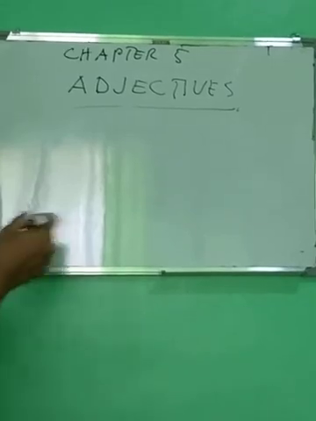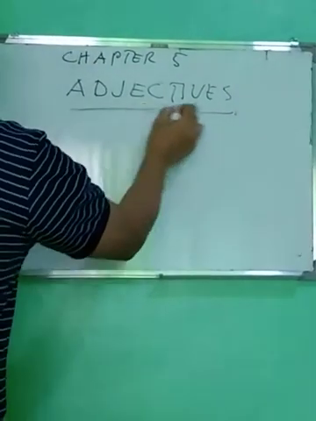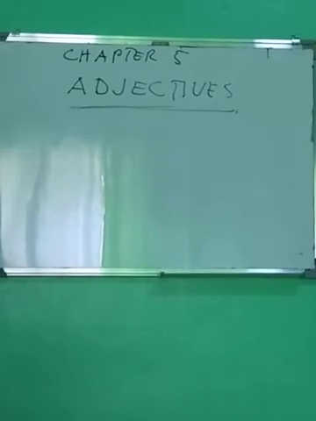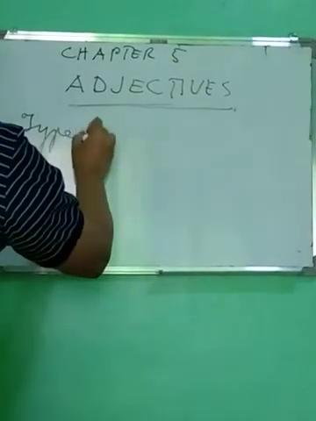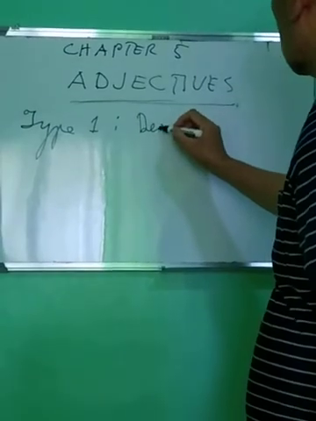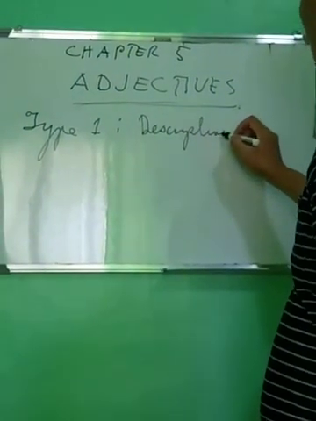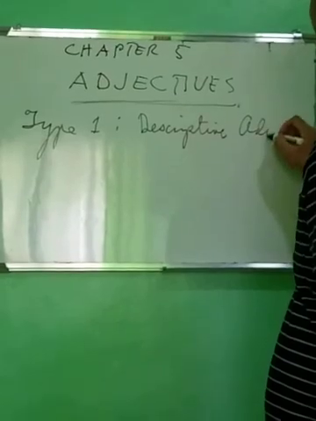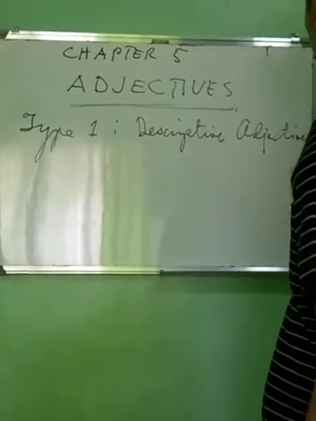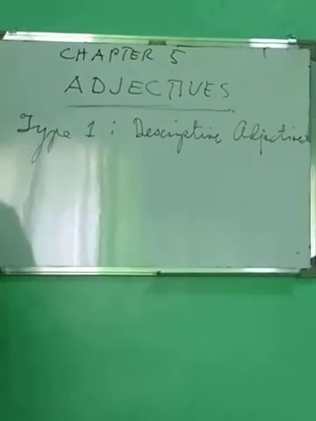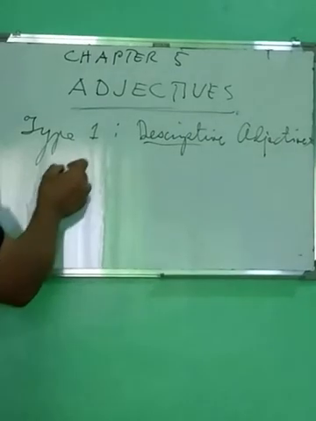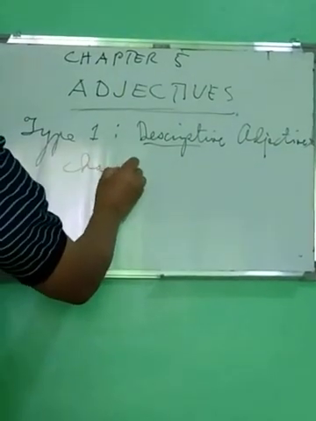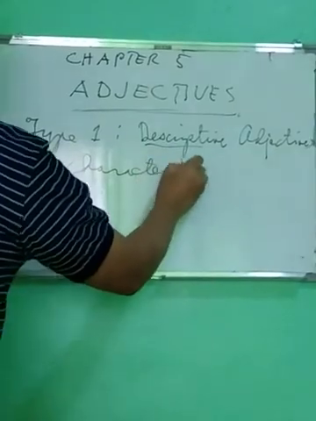The first type is what we call descriptive adjectives. They describe. So what are these descriptive adjectives? When we talk of descriptive adjectives, the word describe would mean characteristics of people. You are describing the characteristics of people.